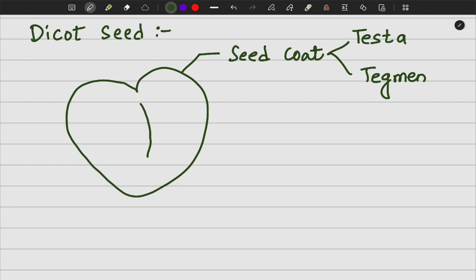Then on the seed coat there is a scar like this. This scar is called hilum, which represents the place at which the seed was attached to the fruit. So when the seed was developing, it was attached to the fruit at the spot which is called the hilum.